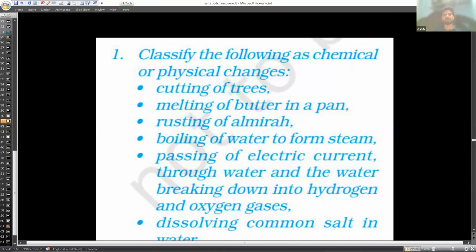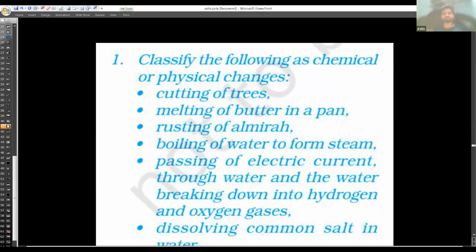Note it down. Which of the following is physical and which is chemical? Try to solve it, please.